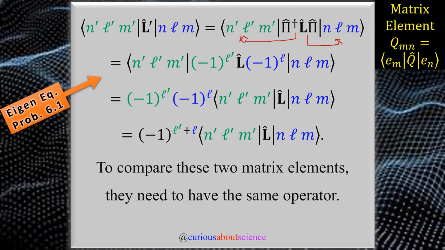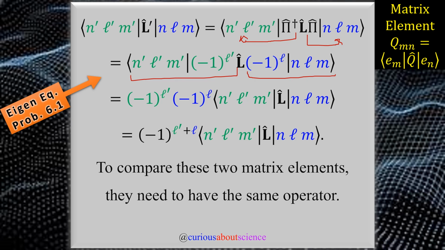So if we do that, we can clearly see that the dagger operating on the left state yields a (-1)^l', and the parity acting on the blue state leads to a (-1)^l, and we get back both the basis states as you would expect from an eigenfunction or eigenvector.